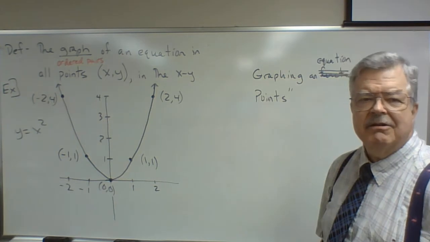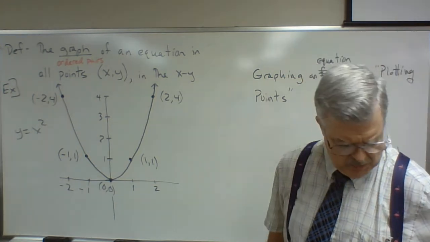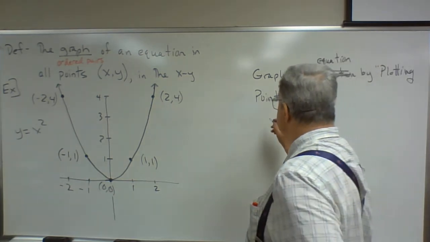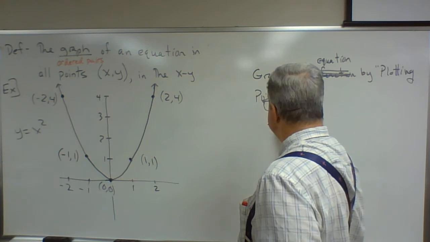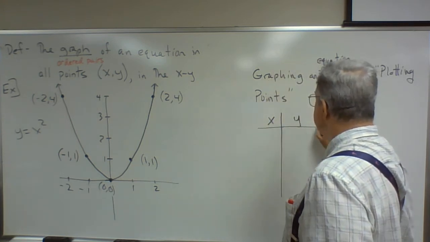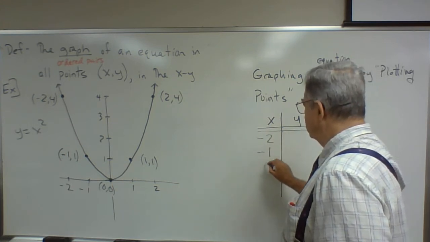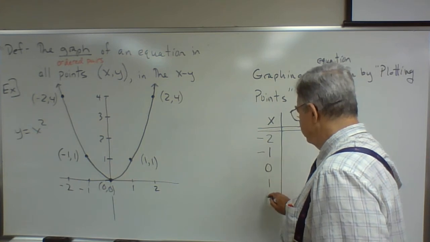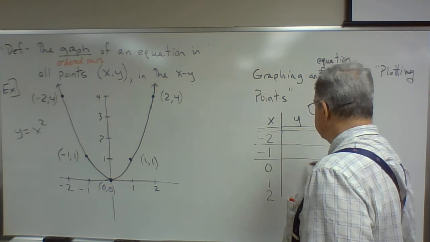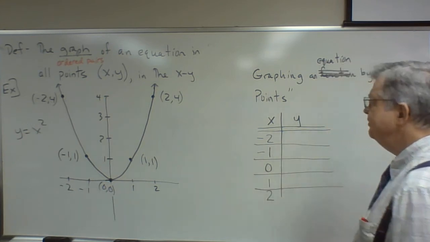As a matter of fact, I could have done this in a little bit more organized way. Here's what I could have done. I could have said, okay, I'll put my x values here. I'll put my y values here. And I'm going to record the corresponding y value for each x value.